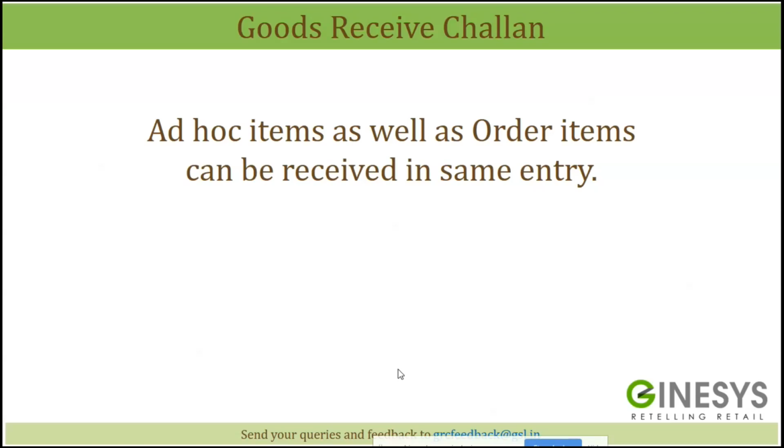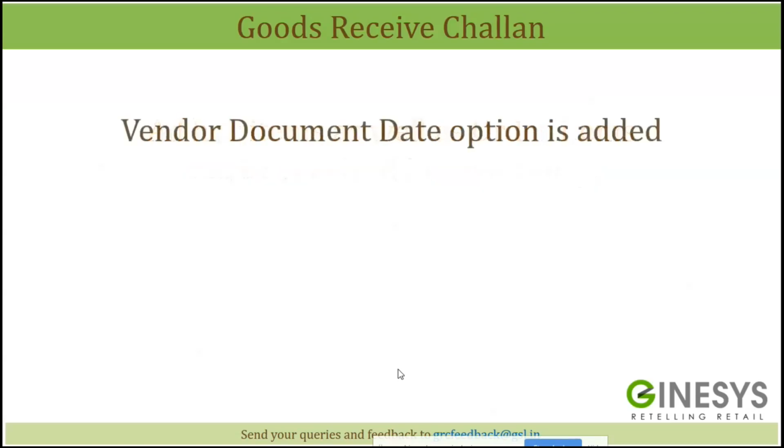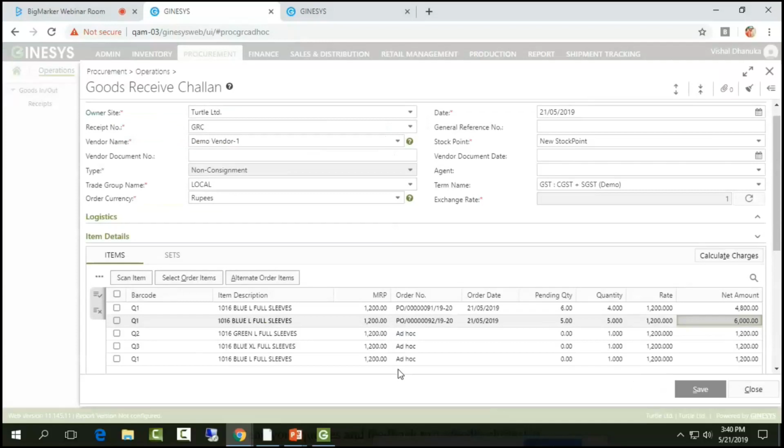So moving ahead with this, few smaller requirements were also there, like we were already having vendor document number or reference number in the header information, where user used to provide input for vendor challan number, but we were not having the field for vendor document date.